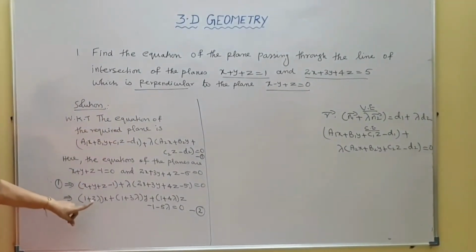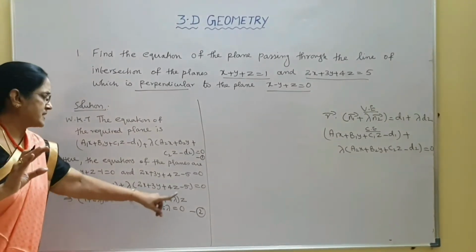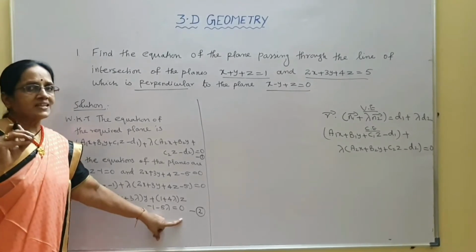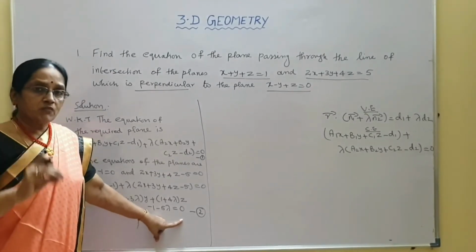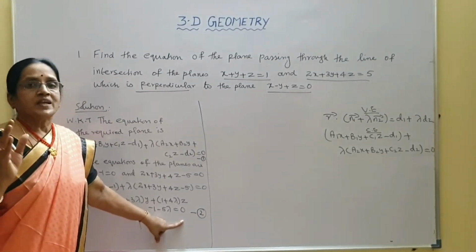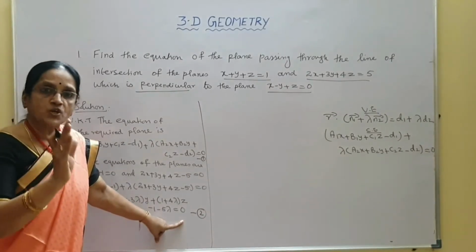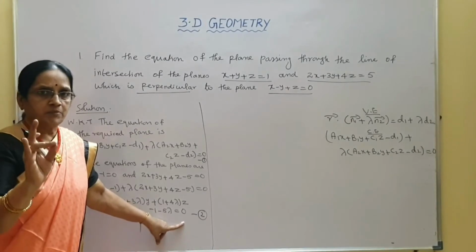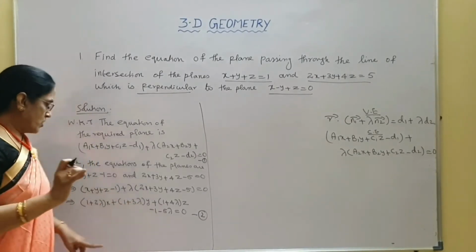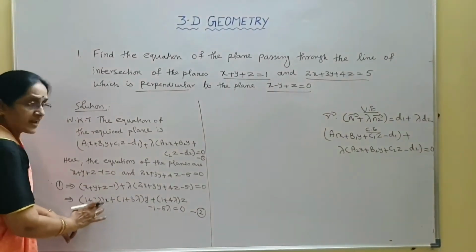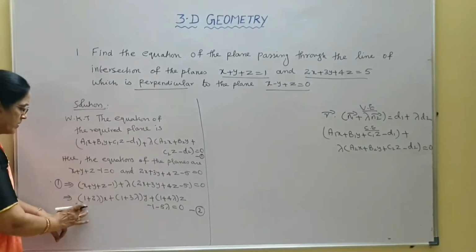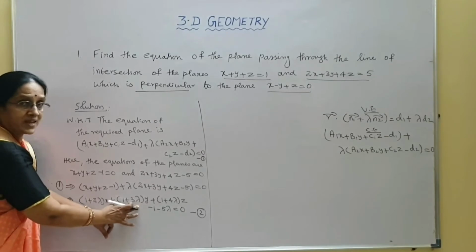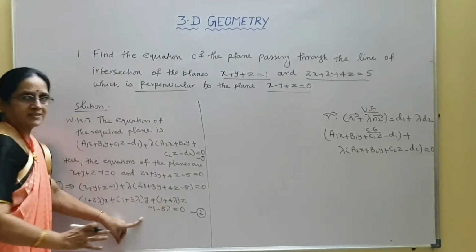This is of the form ax plus by plus cz plus d equal to 0. You know that if ax plus by plus cz plus d equal to 0, then the direction ratios of the normal to the plane are nothing but a, b, c. Same way, here a, b, c are nothing but 1 plus 2 lambda, b is 1 plus 3 lambda and c is 1 plus 4 lambda.